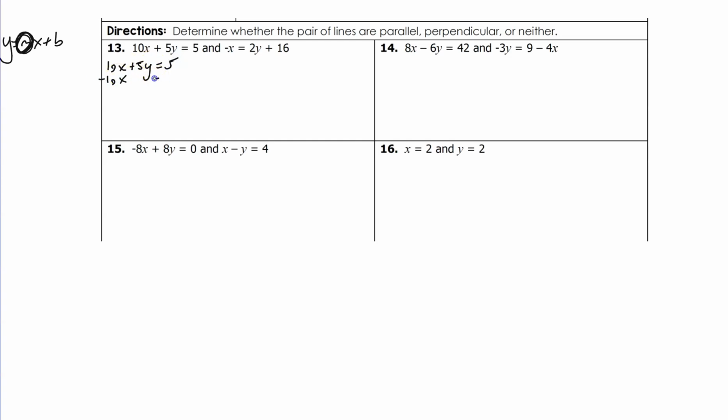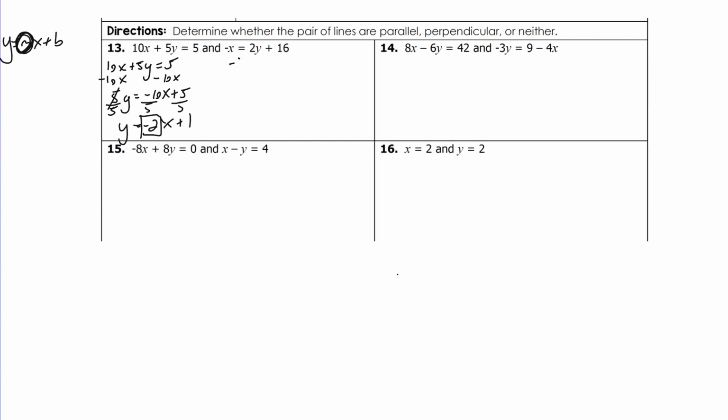So I'm going to subtract 10x from both sides, giving me 5y equals -10x plus 5. Now we want to get y by itself, so I'm going to divide by 5, giving me y equals -10 over 5x plus 5 over 5. Now we can simplify this to be -2 and this to be 1. So -2x plus 1. My slope here is -2.